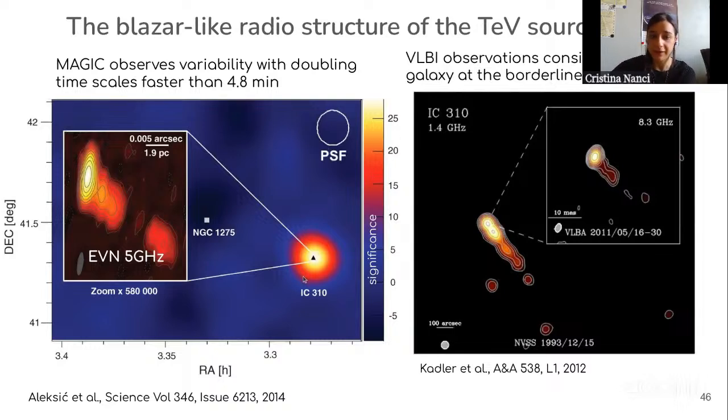Interesting for this source from a TeV point of view is that the MAGIC collaboration found one of the shortest variability timescales ever found in TeV sources, of the order of 5 minutes. This means that the compactness of the region and the Doppler factor required for this kind of variability timescale are not consistent with what we observe at VLBI, meaning that we are seeing different emitting regions.